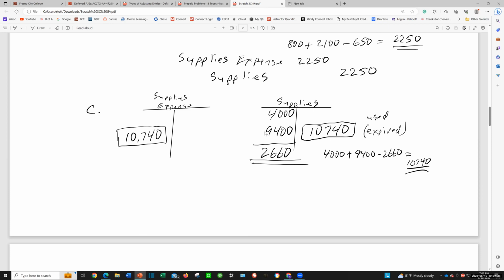Then the inventory of supplies available at December 31 totaled 2,660. Put it in. 2,660. Well, then how much did we use? Again, 4,000 plus 9,400 minus 2,660 should give us 10,740, right? That's the amount that's used. That's the amount that's been expired.